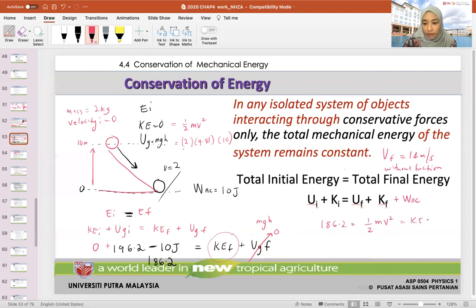We know that our mass is 2, so this cancels out. So square root of 186.2 gives me velocity of 13.65 meter per second. Was the energy conserved? Yes, the energy was conserved. Sebab apa? 186.2 is equal to 186.2.